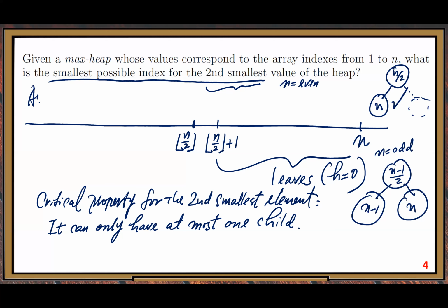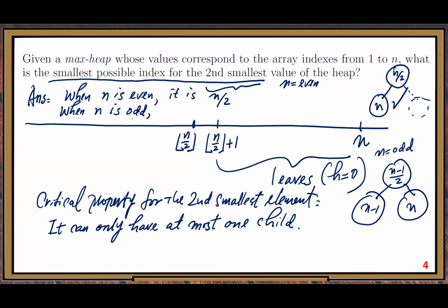So the answer for this question: when n is even, it is n over 2. When n is odd, it cannot be this one, it can only be that one, because this one has two children.